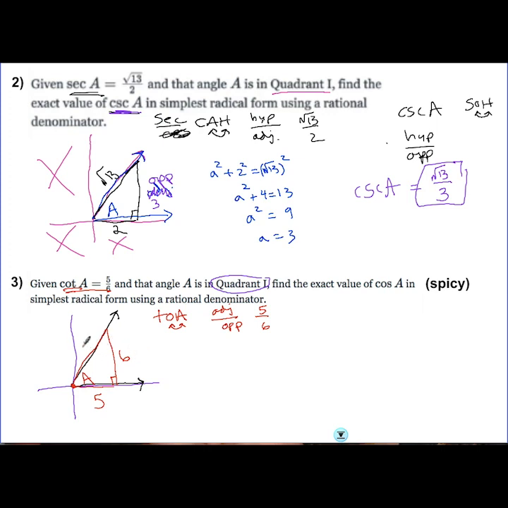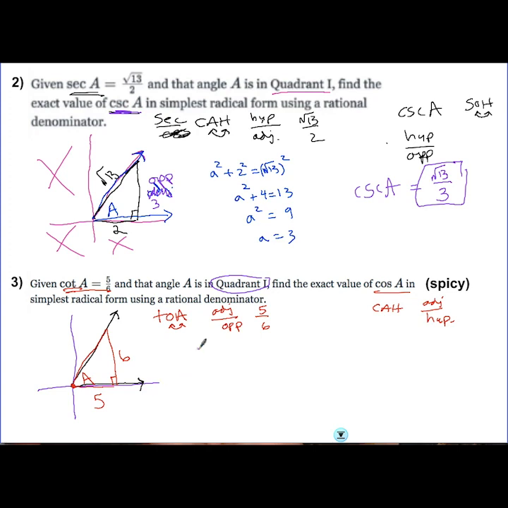That allows me to find this value here, and I'm going to need that value a little bit because it says find the value of cosine A, and cosine A is CAH, adjacent over hypotenuse, and so I need to find this hypotenuse value here.